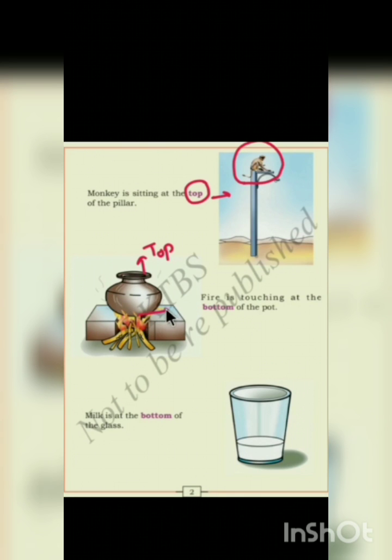This is the bottom of the pot. So, fire is touching at the bottom of the pot. Where is the milk, children? Milk is at the bottom of the glass.